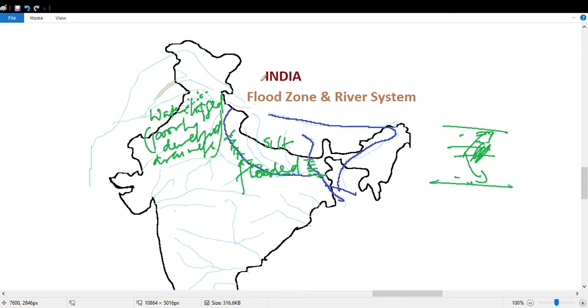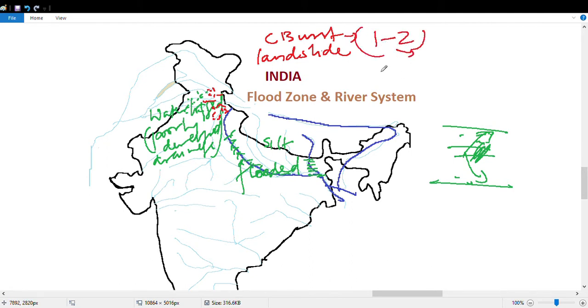The third reason is because of blockage. Sometimes in hilly regions like Uttarakhand and Himachal, these regions also face flood. One of the reasons is landslide due to heavy rainfall, and that heavy rainfall is due to cloud burst, which lasts a small duration of 1 or 2 hours, but the intensity is very high.